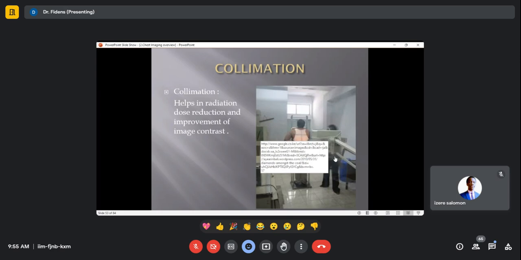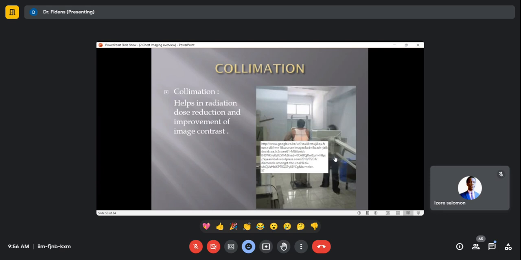So that light is coming from the X-ray machine. It is where the radiographer is trying to coordinate where to send X-rays, where to expose. And it has 2 effects. Number 1, you don't irradiate unnecessary parts of the body.